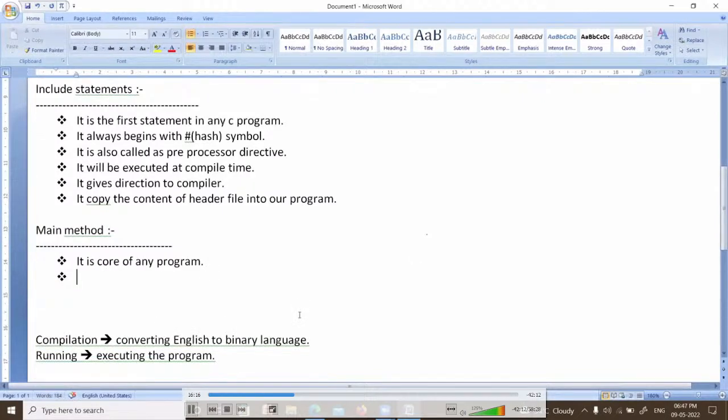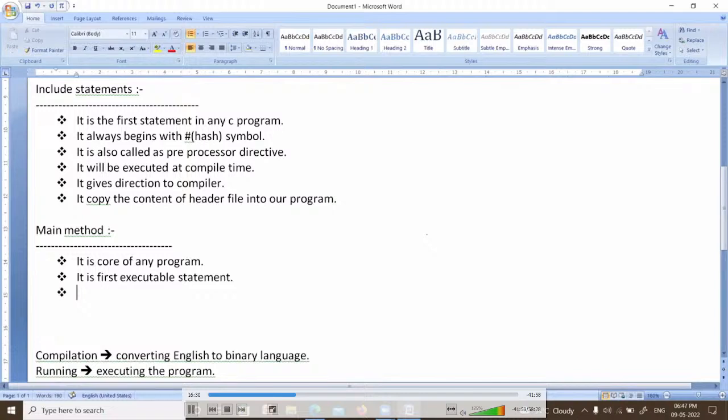So it is called the first executable statement. Your program will be executed from this line only. So it is called the entry point of any program.